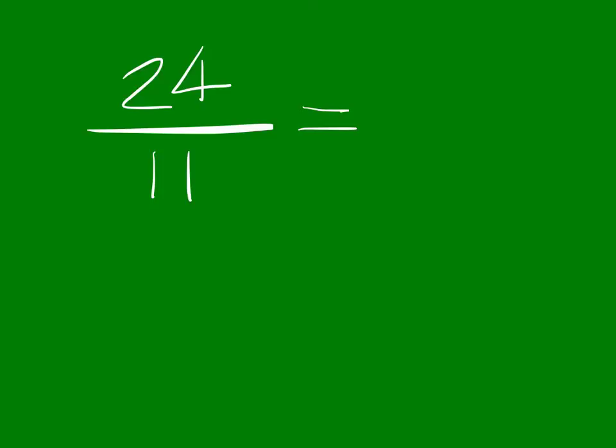No, because I'm changing it to a mixed number. I only need to do one division. Divide 24 by 11. How many times will 11 go into 24? 2 times. And what is 2 times 11? 22. So how much is left over? 2. And what do I do with it?